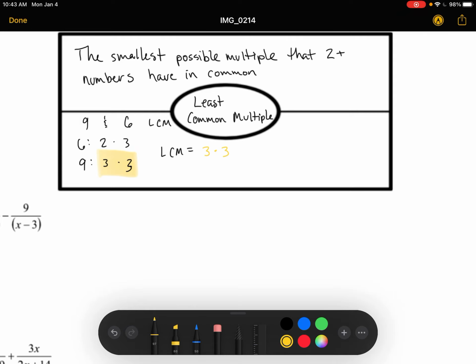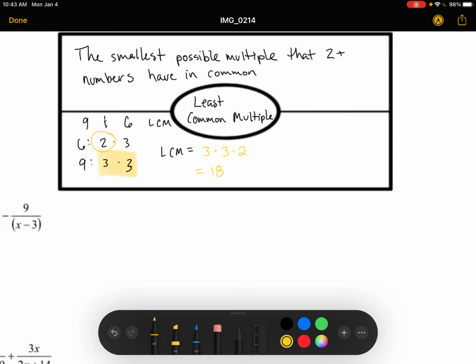It's already accounted for. But it does have this 2, and that's different. So basically start with one of your numbers and see if it has anything unique to add. So 3 times 3 times 2 is going to get us our LCM of 18. So 9 times 2 is 18, and 6 times 3 is 18. That's the least common multiple where they're going to come together.